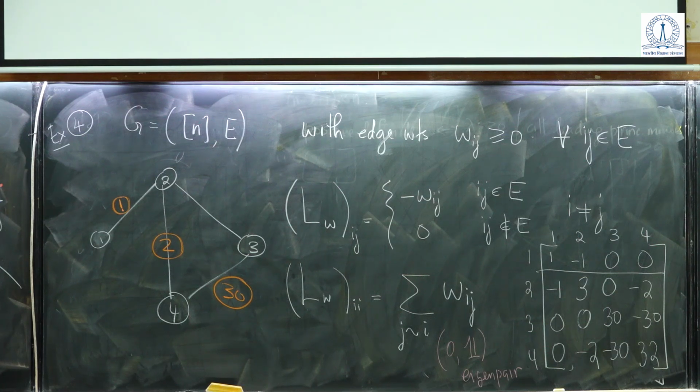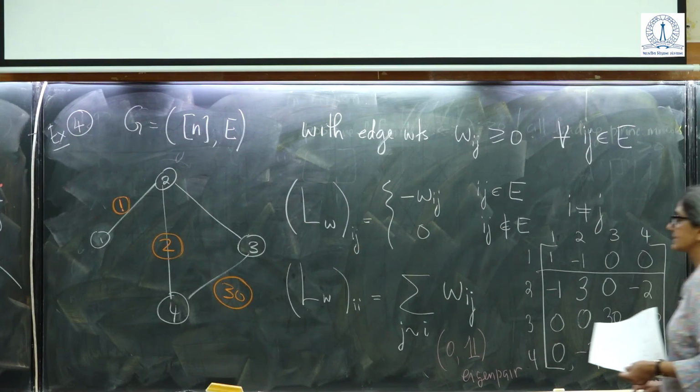Before we used this BB transpose trick to show that it's PSD. Do you think you can use the same trick? Arbitrarily direct the graph, make the node edge matrix, put weights on it now instead of 1 and minus 1. And then check that it is PSD. So let me not prove it, but this matrix is PSD.